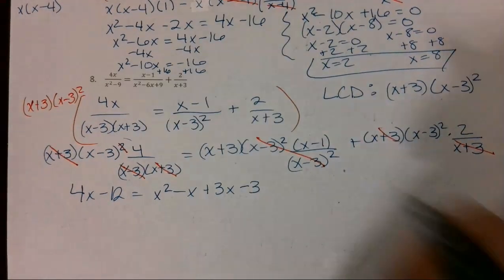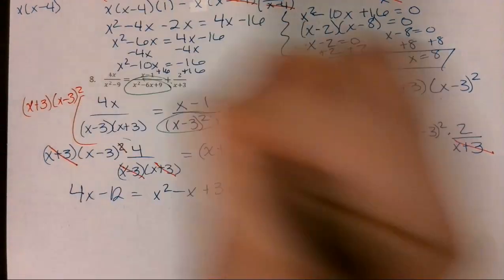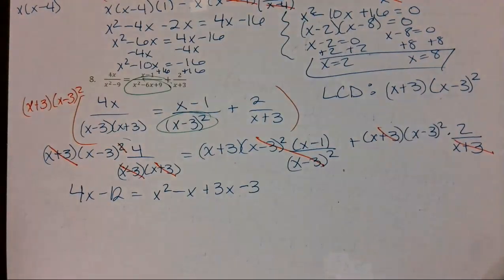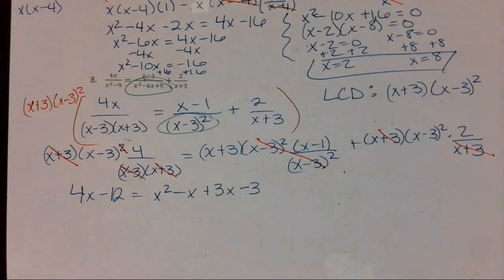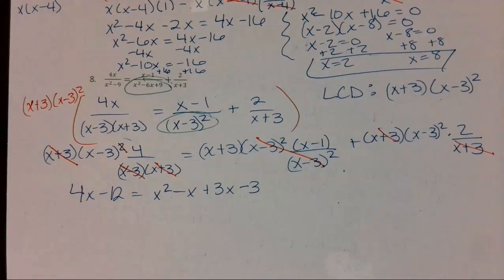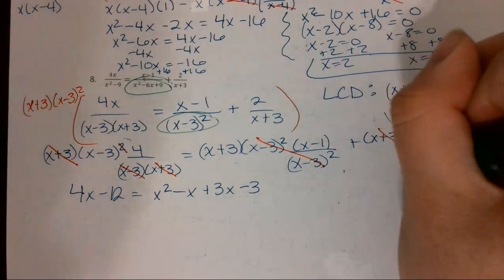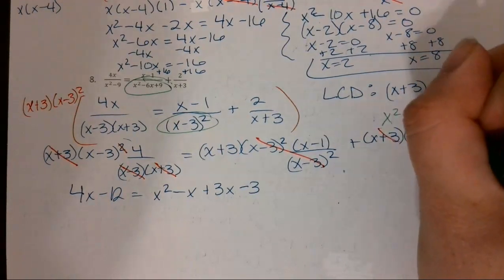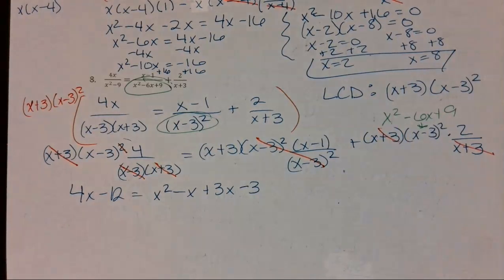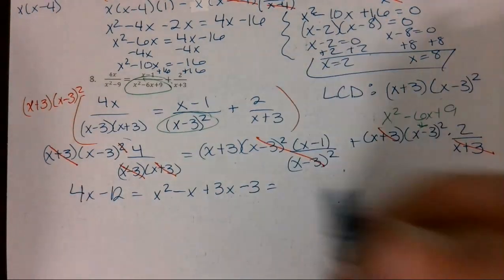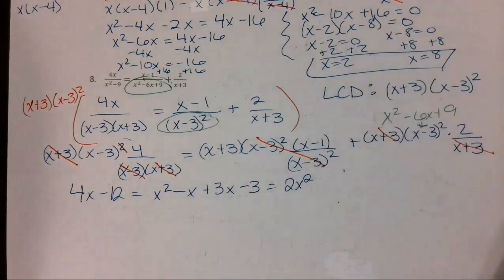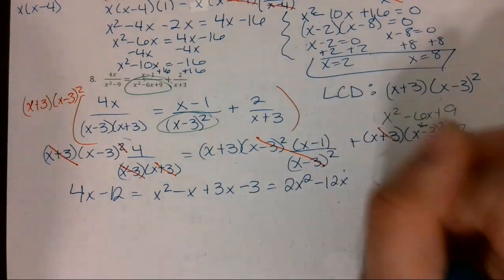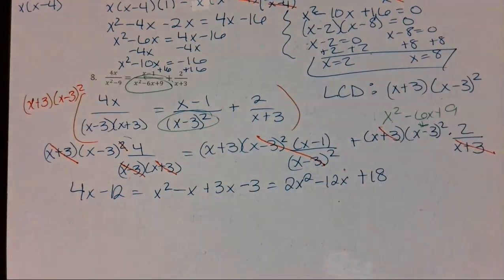Remember, x minus 3 squared is x squared minus 6x plus 9. So I'm going to rewrite that up here, and multiply that by 2. So I have 2x squared minus 12x plus 18.